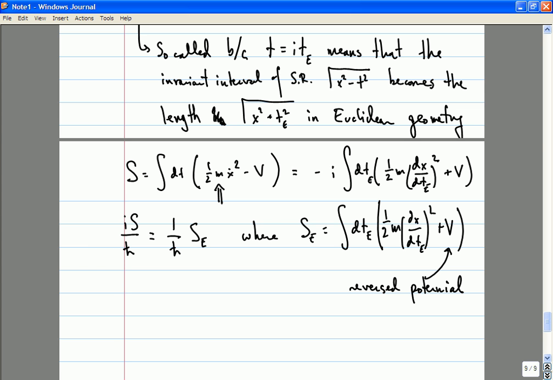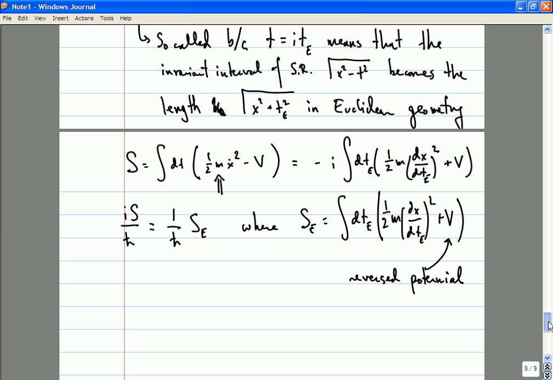So, what is this teaching you? This is teaching you that if you have a classical problem with a potential that looks like this, and you have some energy, and you want to understand the tunneling through the barrier, then in Euclidean signature, what you do is you turn this potential upside down, and you look at the classical path between those 2 points.